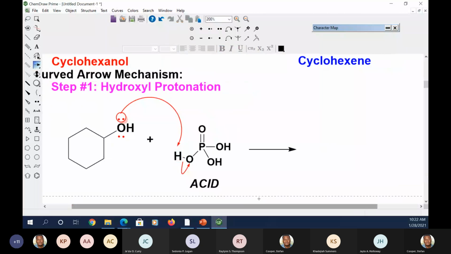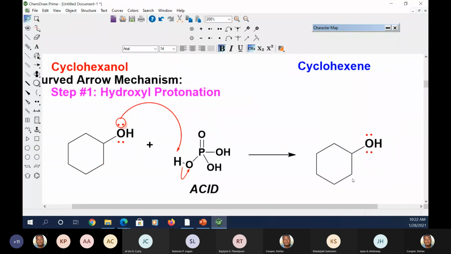So now I'm going to get this molecule that used to have two lone pairs, now it has only one lone pair. I'm going to put two H's here.